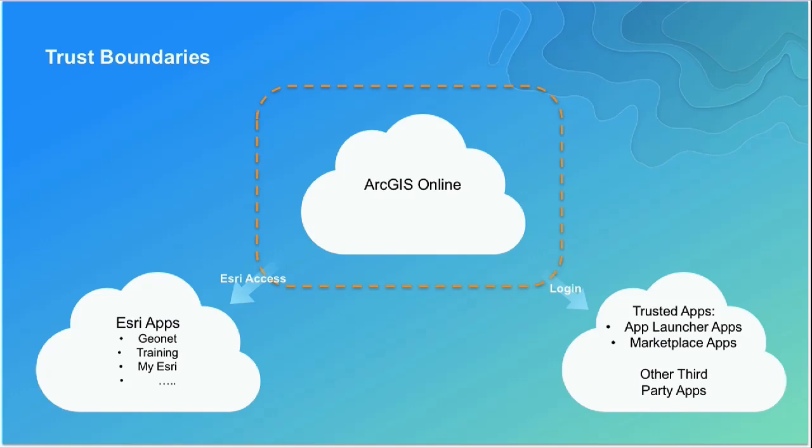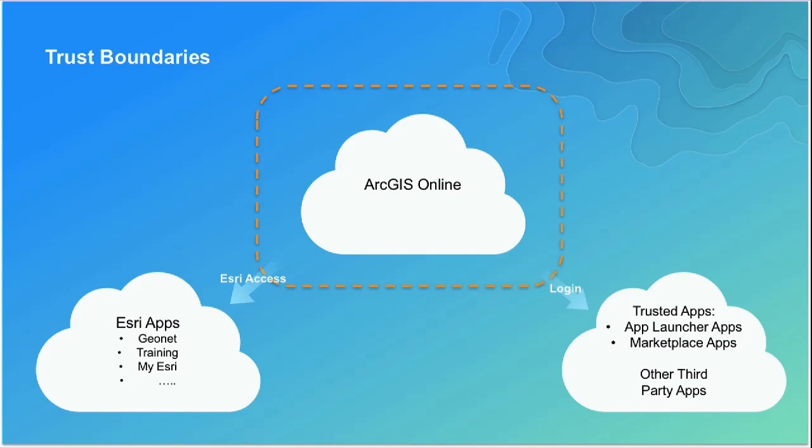And then there's also our own Esri apps. There are things that live outside of the ArcGIS Online boundary itself, like GeoNet or our training site, etc. Those are not what we document in terms of security. They're not necessarily less secure or more secure, they're just differently managed.